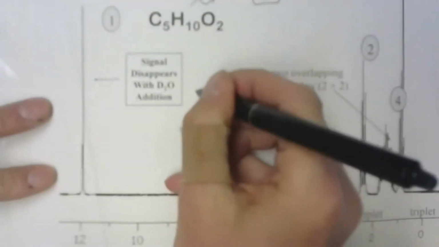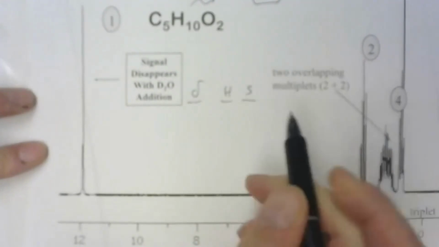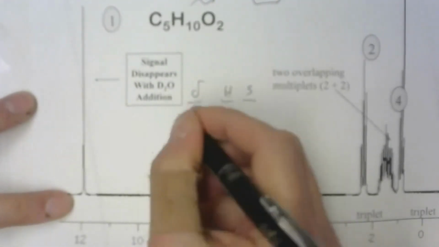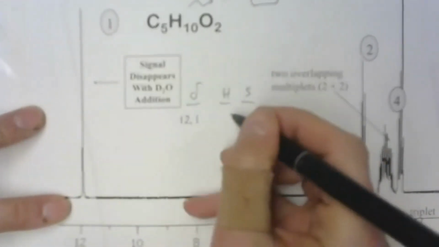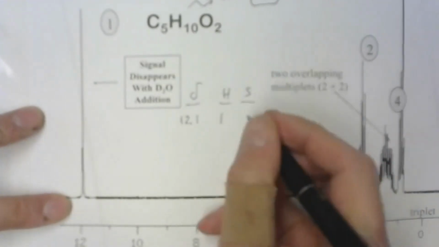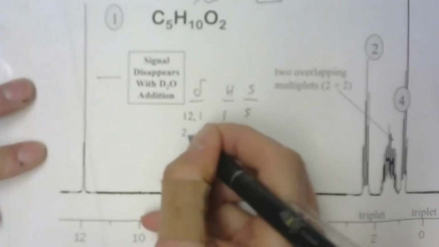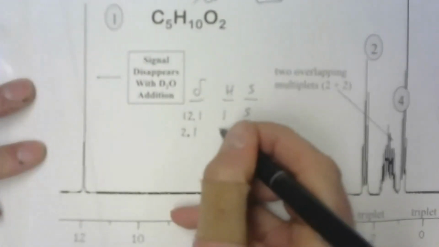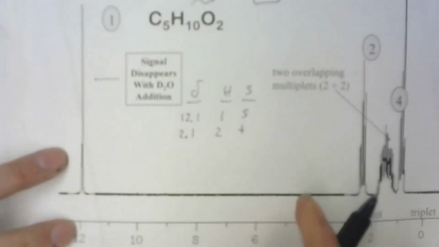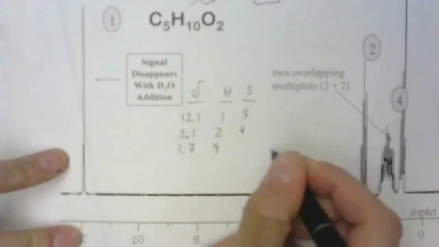Table. Delta, H's. Well, we got something at 12. How many protons at 12? 1. Splitting, singlet. Then we got 2.1, triplet of 2 H's. Then we got, oh no, this scary mess at 1.7 of 4 protons.